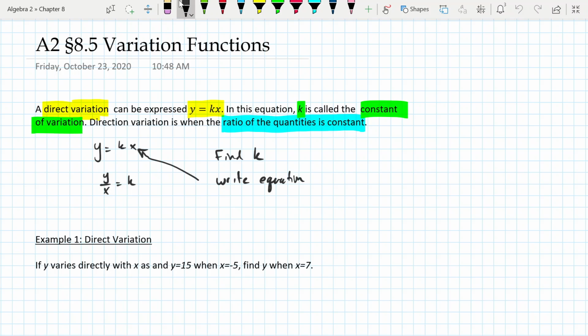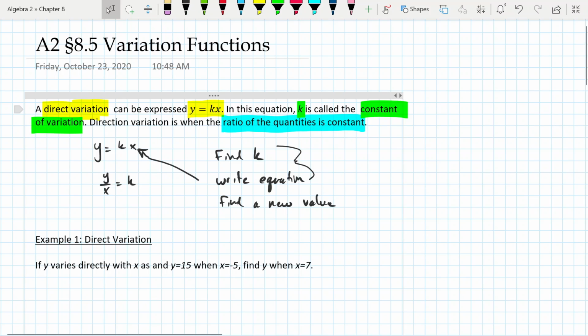And then what we usually do is we find a new value. So those are the three things that usually happen. The first two are usually considered together in a group. So we have to find k, then we have to rewrite it in an equation, and then we use that equation we just found to find a new value. So that's the things that we're usually doing with this kind of problem.